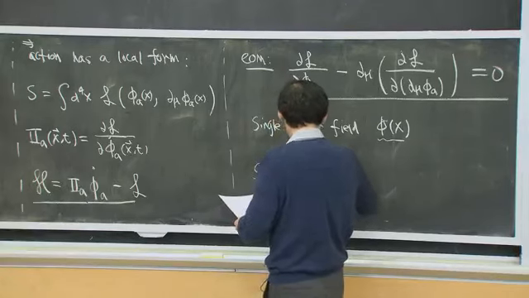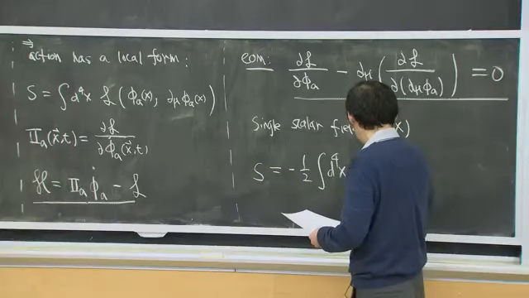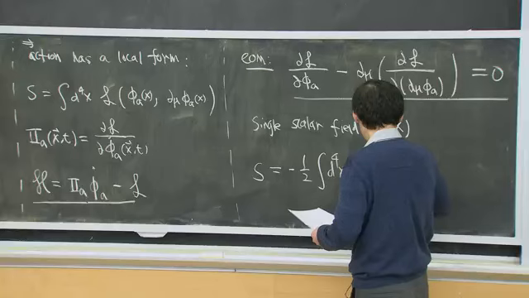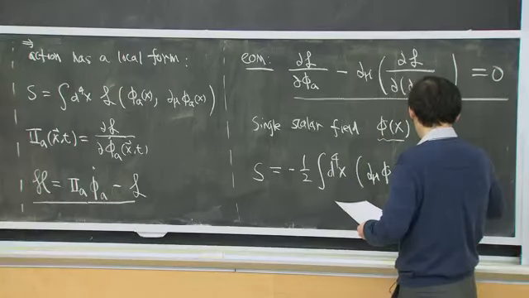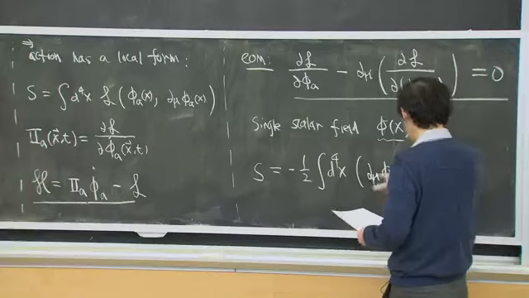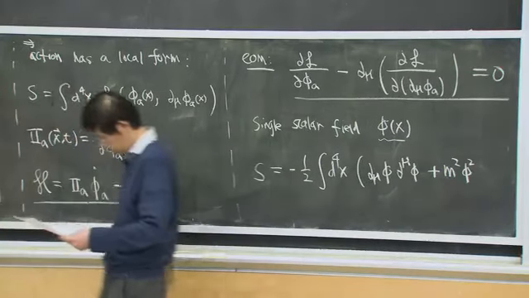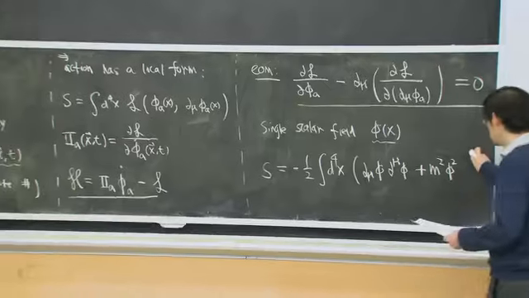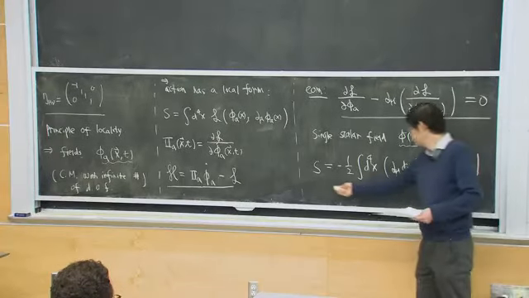We discussed last time that the simplest action for a scalar field has the following form, with partial mu phi squared, and plus m squared phi squared. The sign here is determined by the metric convention. So this is the simplest scalar field theory we can write down.